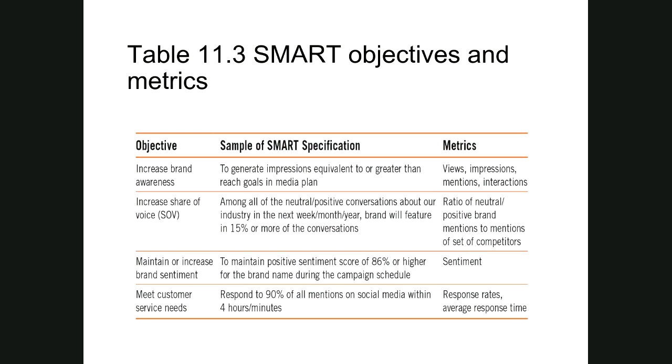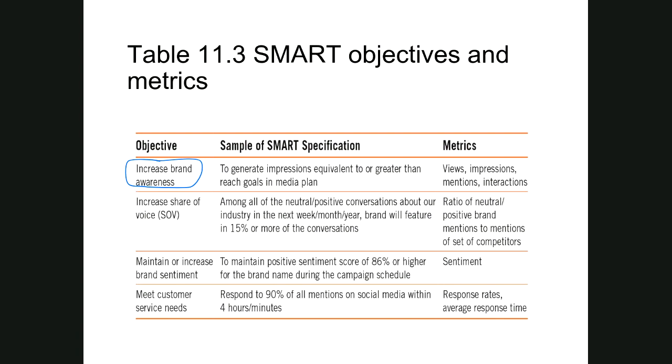Just some examples. Our primary objective for our social media marketing campaign for the School of Business, which had 0 social media marketing presence before our program began, about not quite 2 years ago now, was to increase awareness.